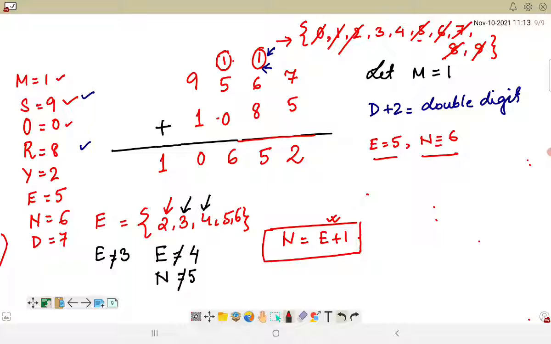Okay, so this is how we basically solve a crypt arithmetic problem. This is one carry we have, this is another carry we have, and this is the third carry we have. So these are the three external factors that we have associated with this particular problem. However, it is giving us good constraints in order to solve these equations and the various values associated to each of the numbers.